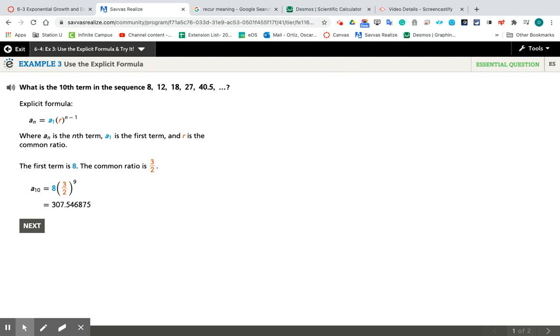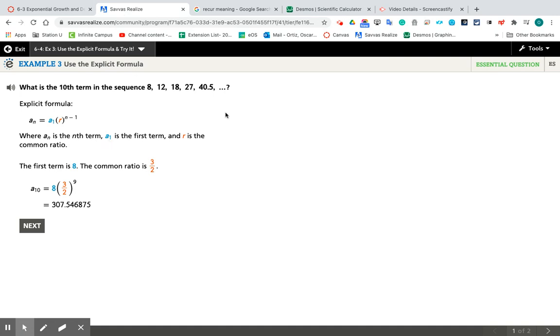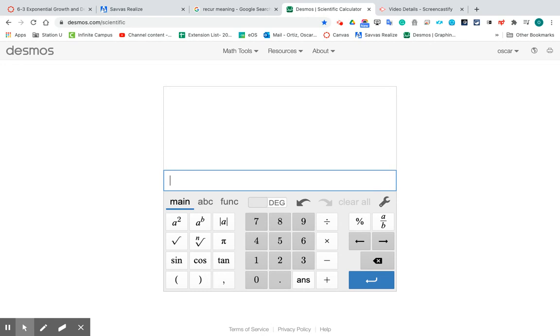I won't do it so that the video is too long, but please use the scientific Desmos calculator, and if you just type in exactly 8 as it is times 3 halves to the 9th, so 8.